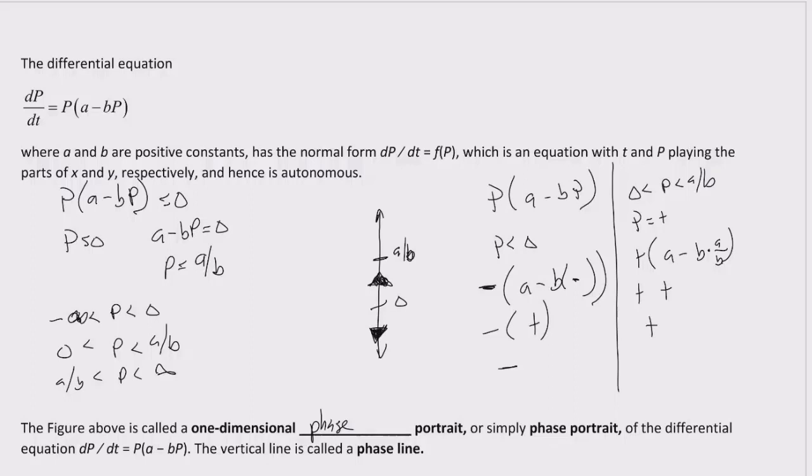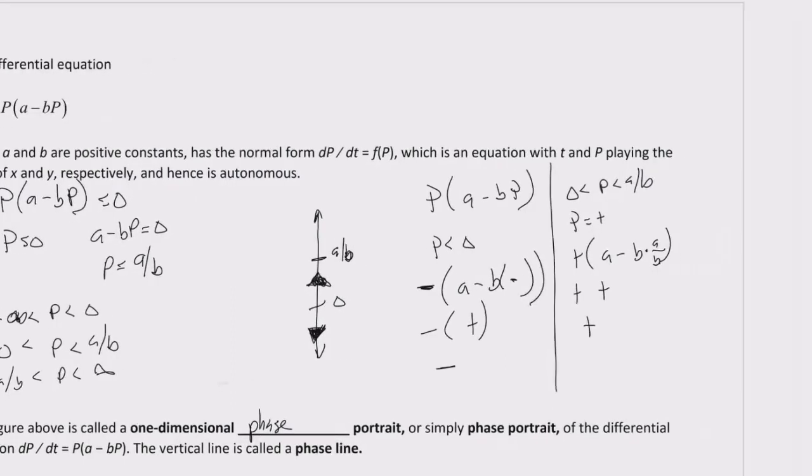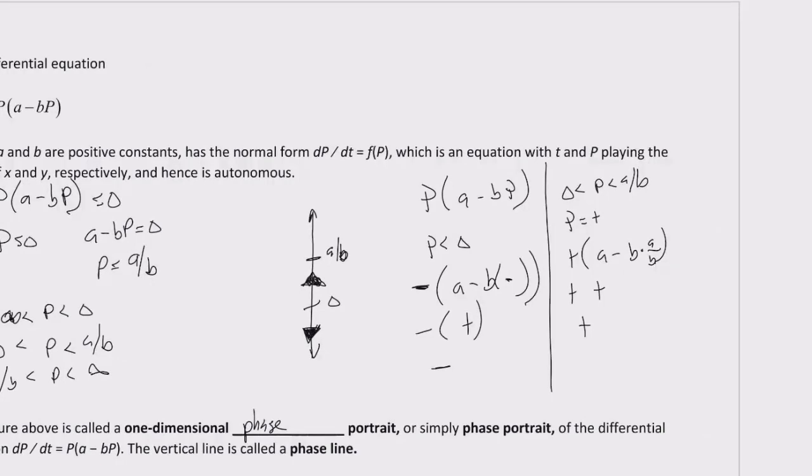Let's see if I can sneak in this third region. The third region is anything bigger than a over b, going out to infinity. What do we know? We know P is going to be some positive number. I don't know what it is, doesn't matter.